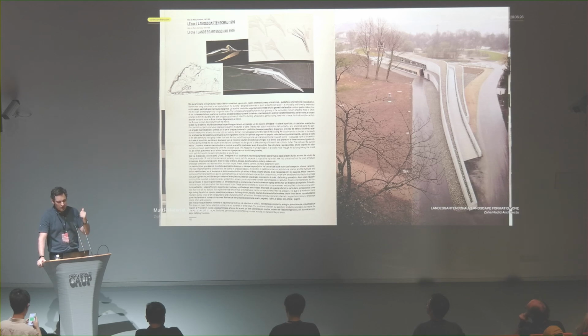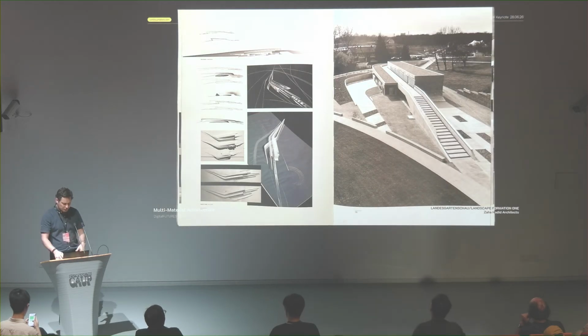This was dedicated to Zaha Hadid's early projects, and she was talking very much about the idea of the landscape as a plan at the time. This is a project in Germany that they materialized, made out of concrete. The main thing is that you can see the early paintings by Zaha on the left, where it merges into the ground and allows movement through and across and over it as well.